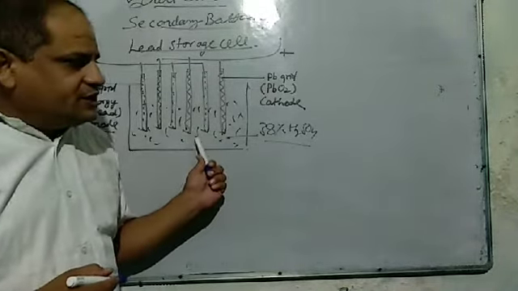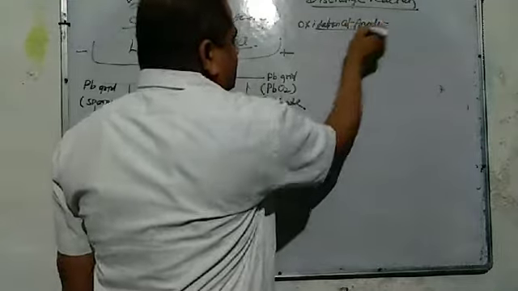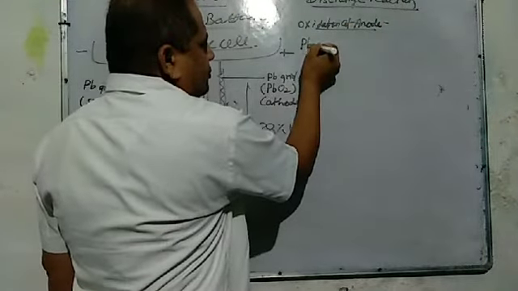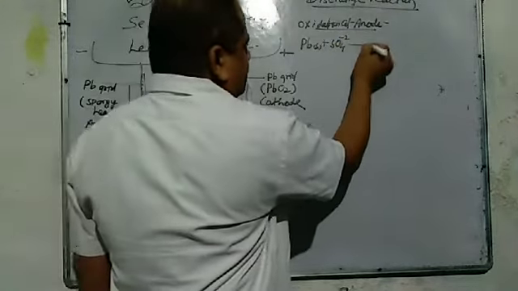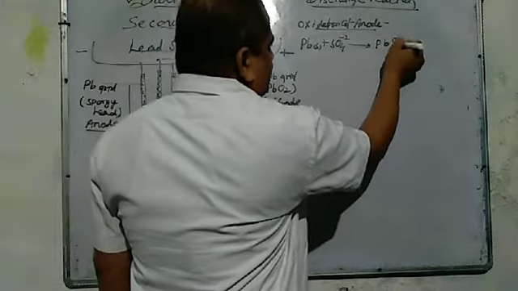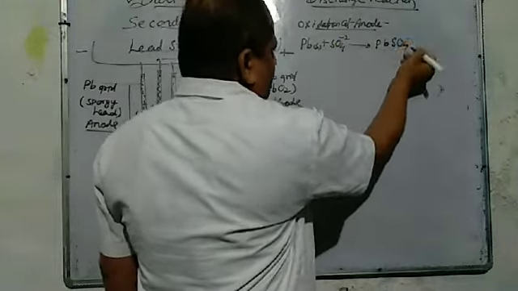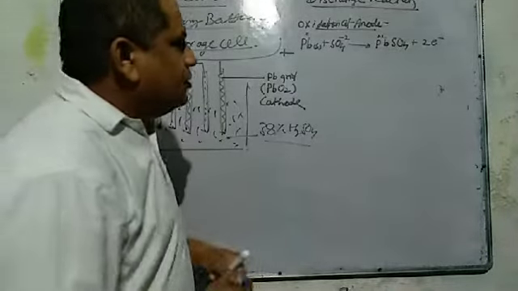Oxidation at anode: Pb plus SO4 2- from the electrolyte gives PbSO4 plus 2 electrons. Pb loses 2 electrons and converts into Pb2+, from 0 to +2, and in this way oxidation is taking place here.